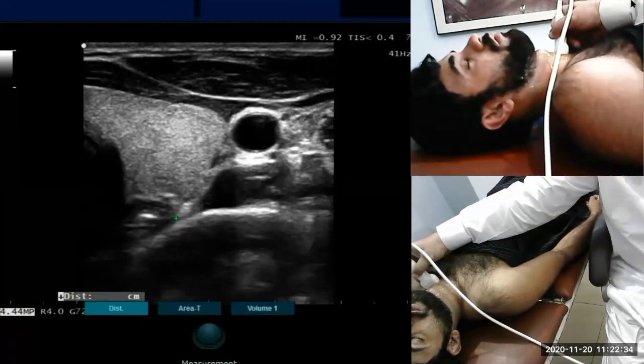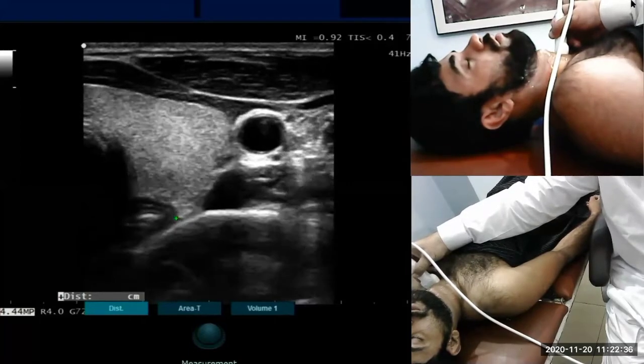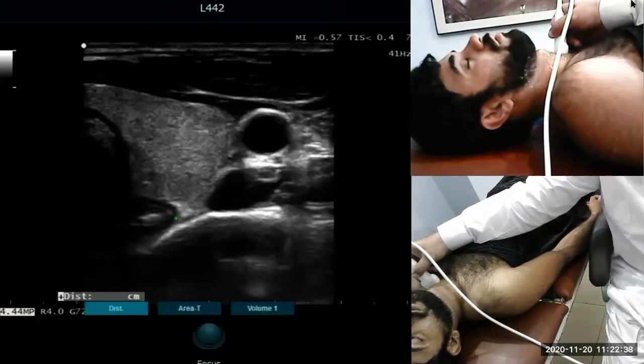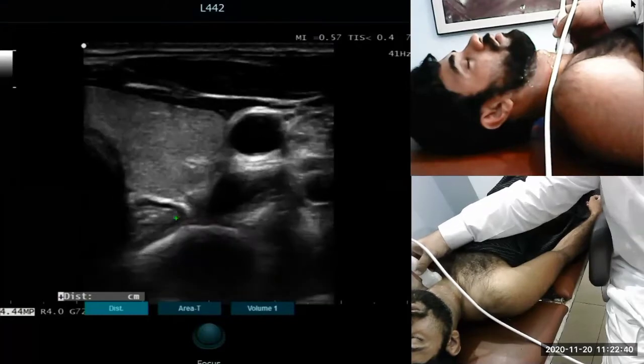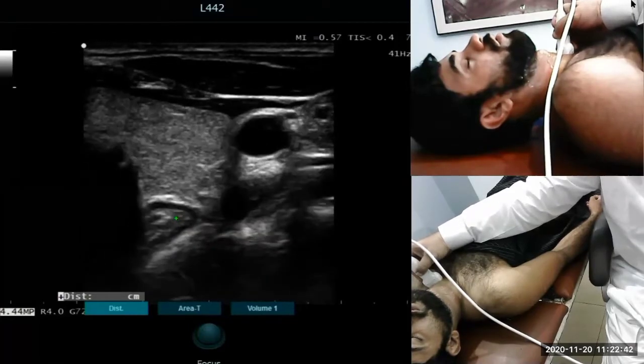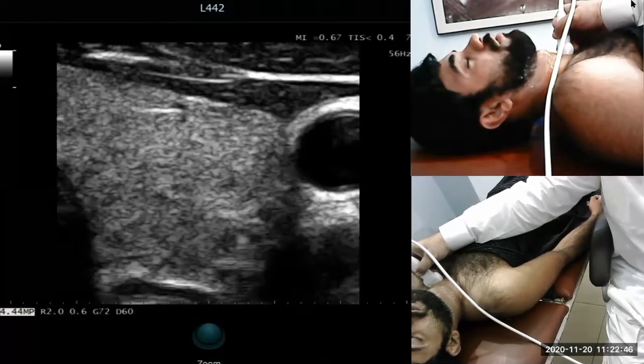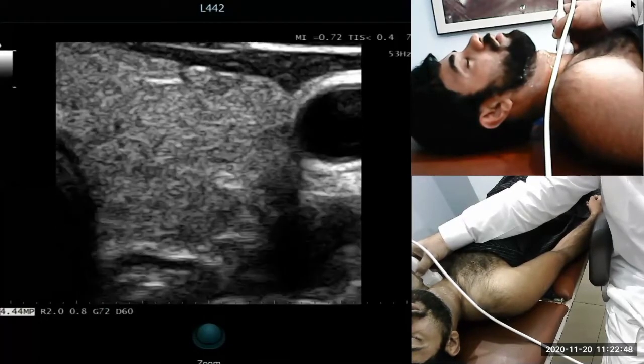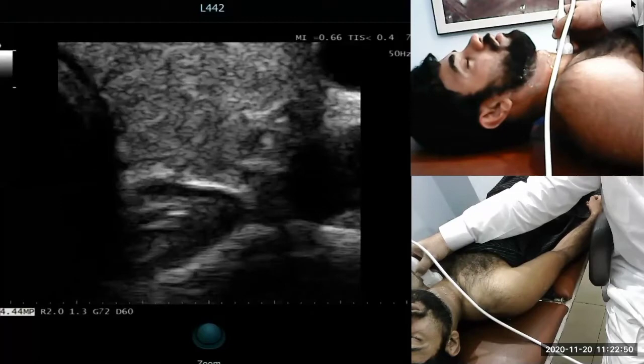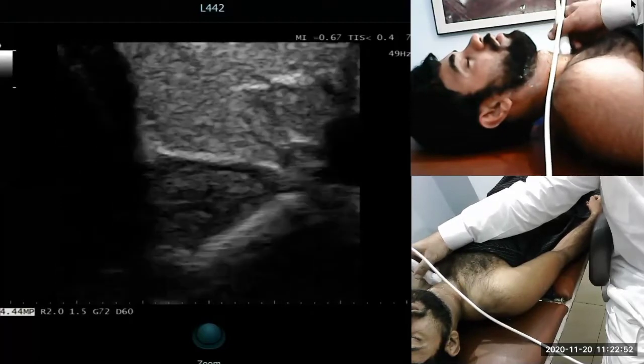So we will see the esophagus now. I'm going to enlarge the image for you.